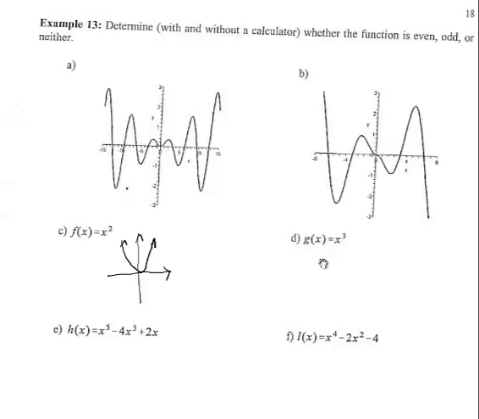Now, d, which our function's labeled g, we have x to the third. And more than likely by now you've probably started noticing that we have even exponents, odd leading exponent, odd again for h, and then an even for L. Okay, so more than likely G is odd, if anything.